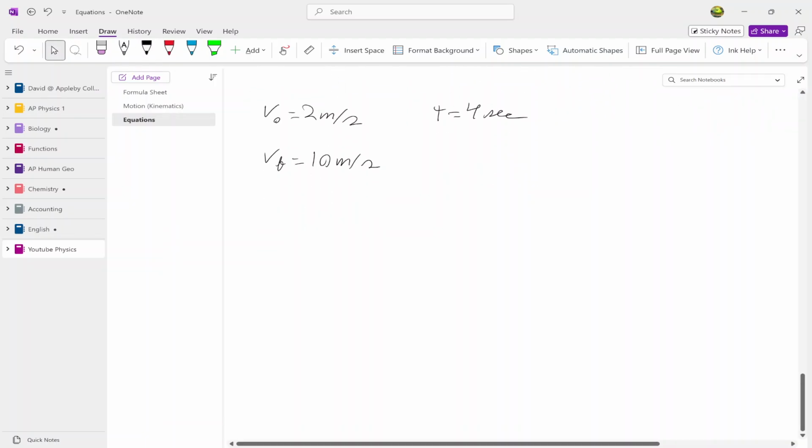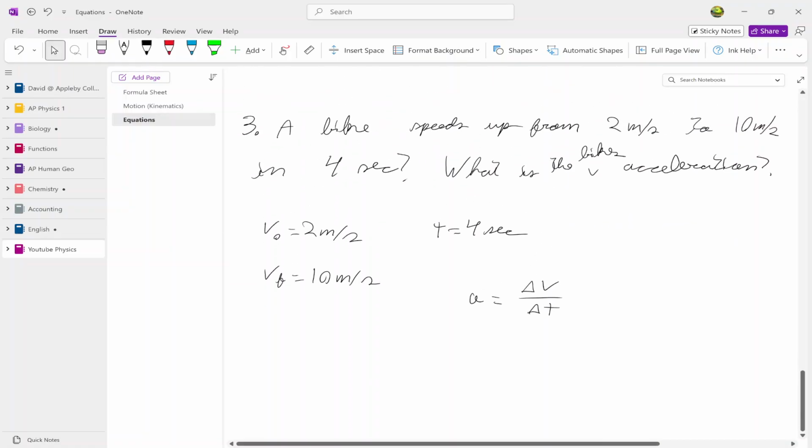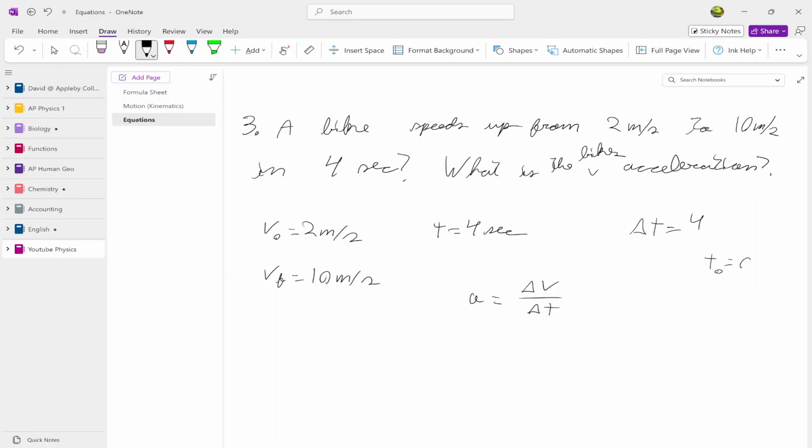Well, perfect. Here we have an equation for that: delta V over delta T. In this case, because the question doesn't specify, we can assume that it starts at 0, so T initial would equal 0 and the time is 4. Unless otherwise specified in the question, you can assume plenty of things.